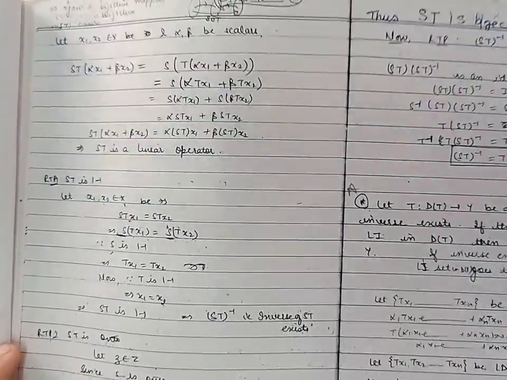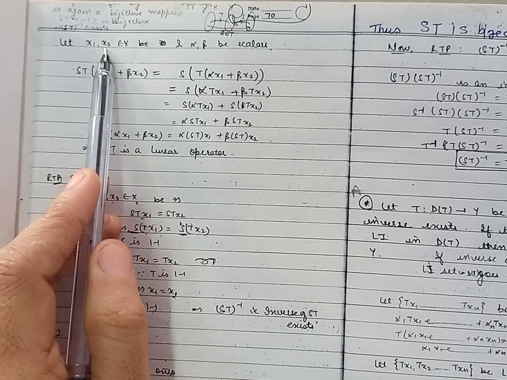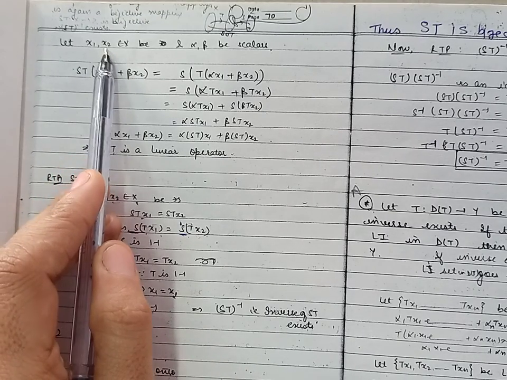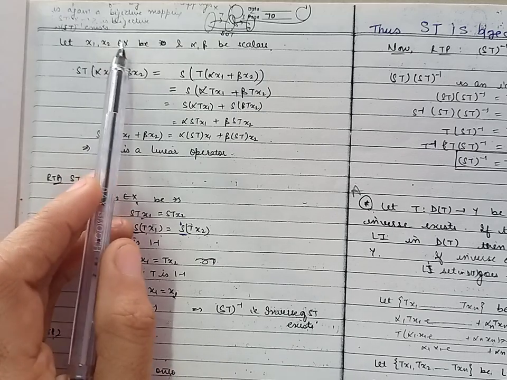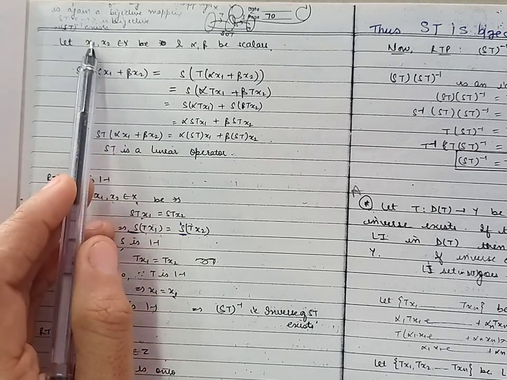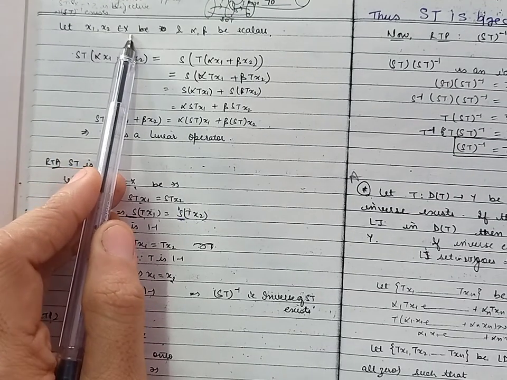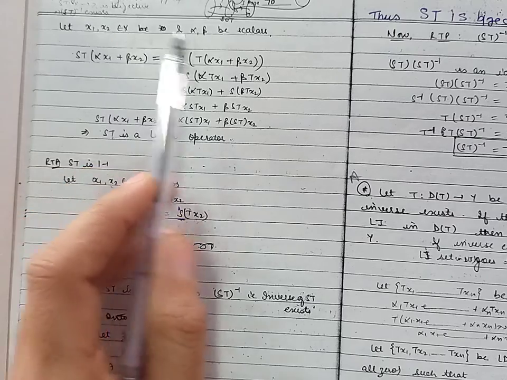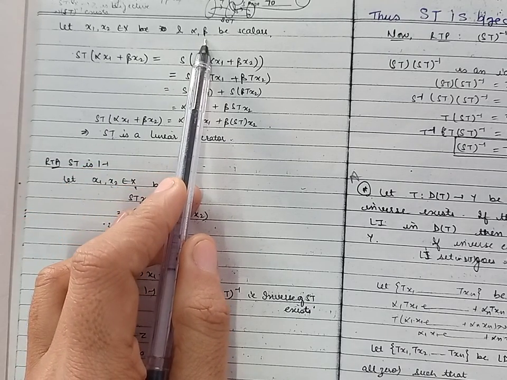In order to prove that this mapping is linear, let us take two vectors x1 and x2 from the domain of this mapping ST. The domain of this mapping is X. So, let us take x1 and x2, two elements from vector space X, and two scalars alpha and beta from the field of scalars.